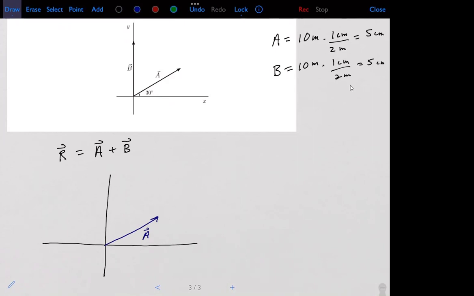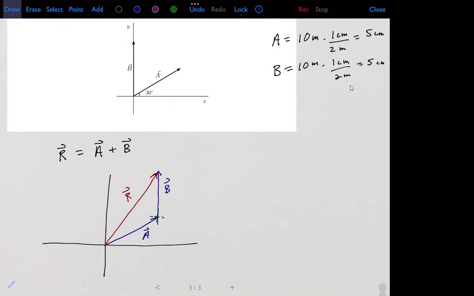Sometimes if you want, you can draw a new little coordinate system in here. And then B is at 90 degrees, same length, because it has the same magnitude. And then finally, R will look something like this. If I go from the tail of A to the tip of B, that'll be R. And I can measure the length, I can measure the angle.